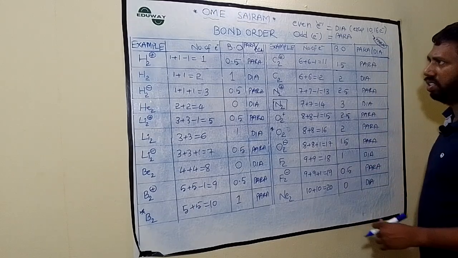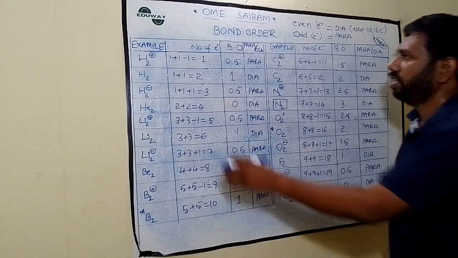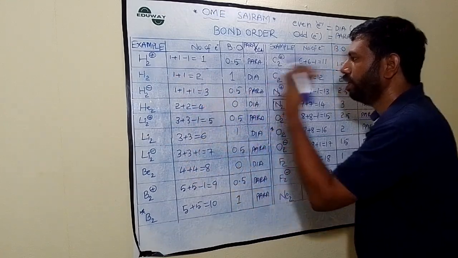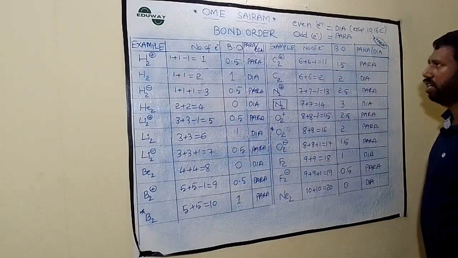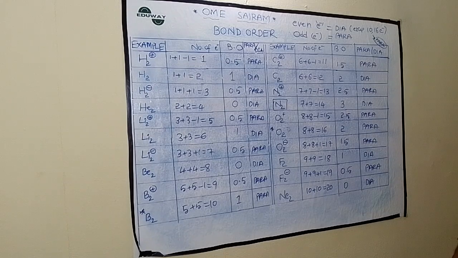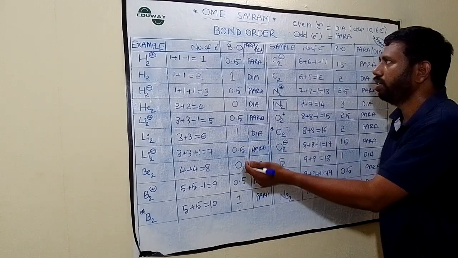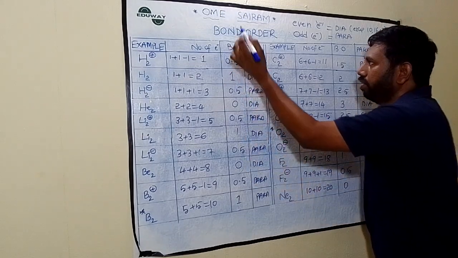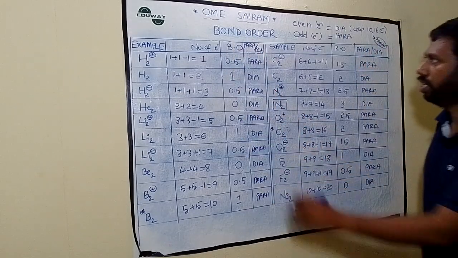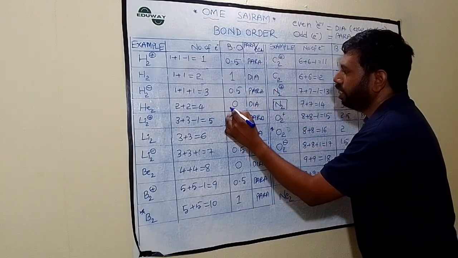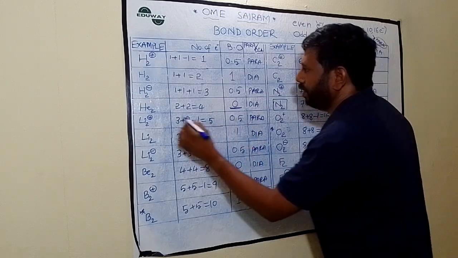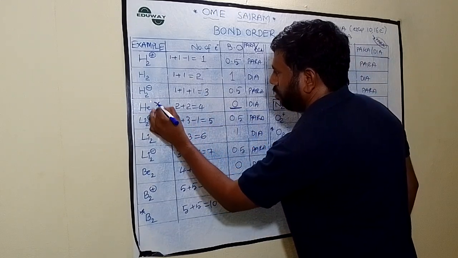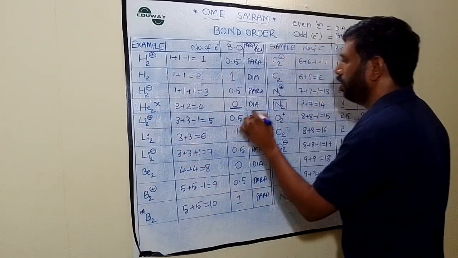Now the small thing is that in these species, which molecule does not exist? Already you know that the molecules which show bond order 0, the molecules do not exist. He2 does not exist because He2 bond order is 0.